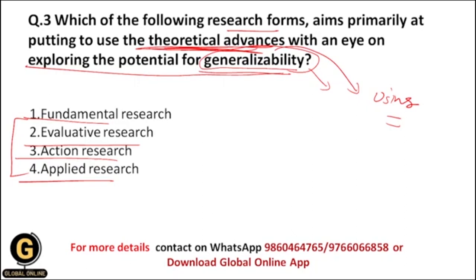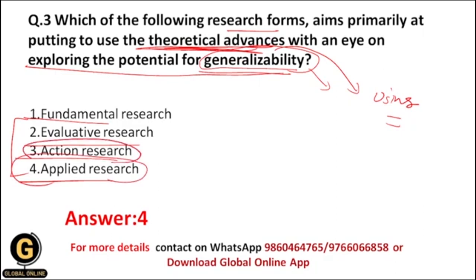After getting the solution, it has that much potential that we can explore it for generalizability purposes. So the correct answer here is 4, because we are applying the laws to our research problem, and this is nothing but applied research.